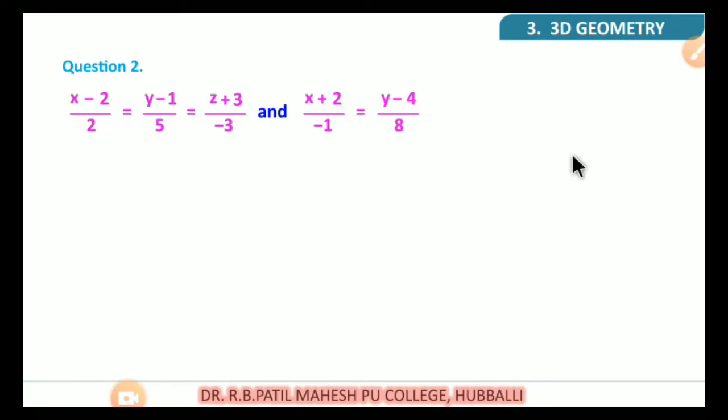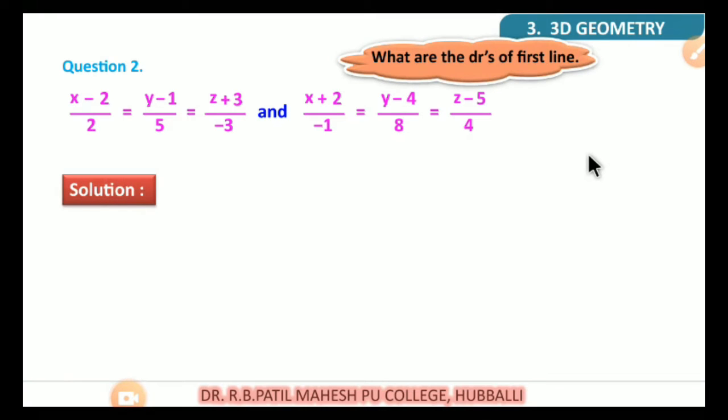Question number 2. (x minus 2)/2 is equal to (y minus 1)/5 is equal to (z plus 3)/minus 3, and (x plus 2)/minus 1 is equal to (y minus 4)/8 is equal to (z minus 5)/4.